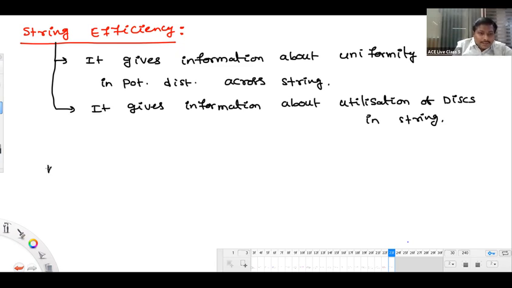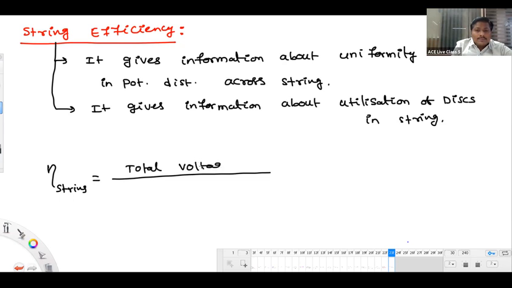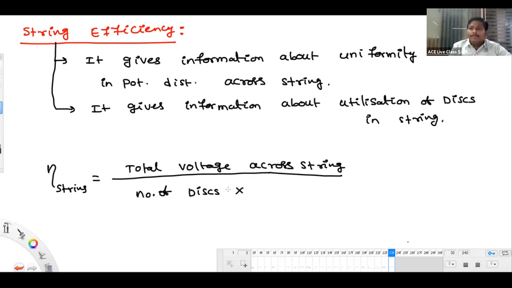Now let me define it. String efficiency here, very simple. Most of you might know it already. String efficiency is equal to the total voltage across the string in the numerator, divided by the total number of units, the number of disks, multiplied with the highest voltage experienced by any disk in the string.